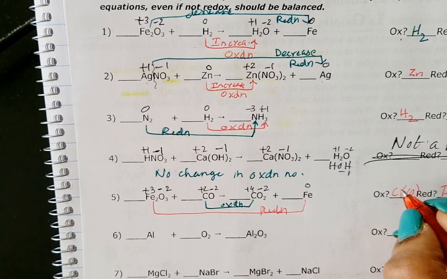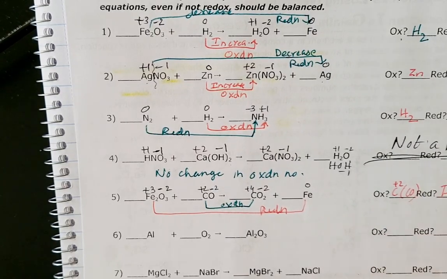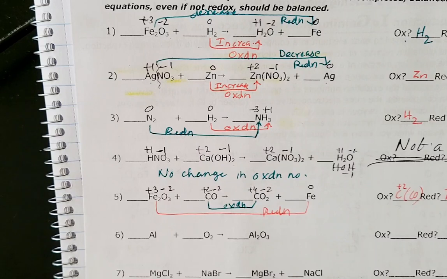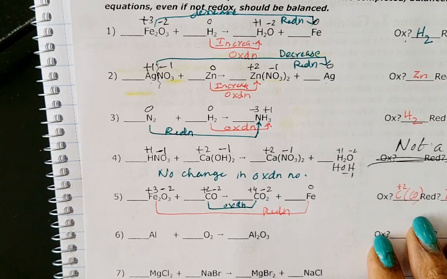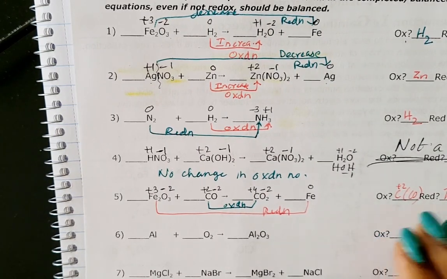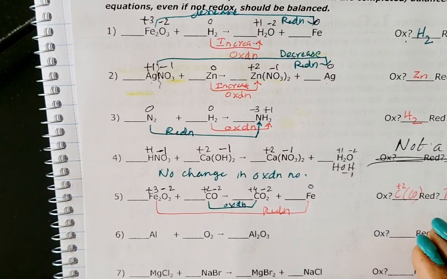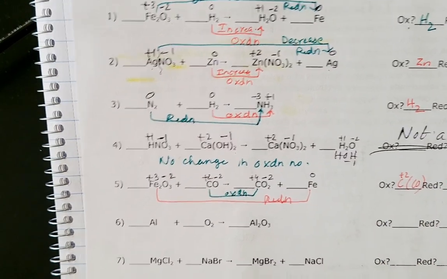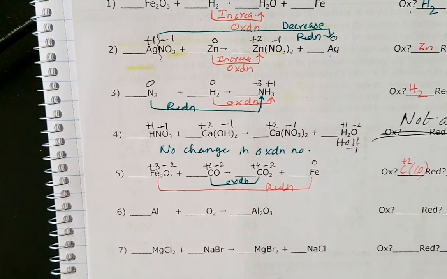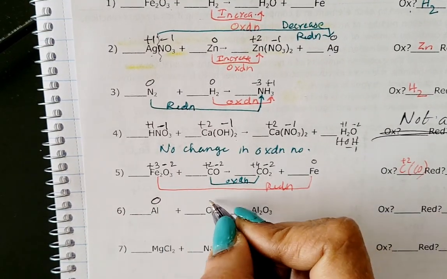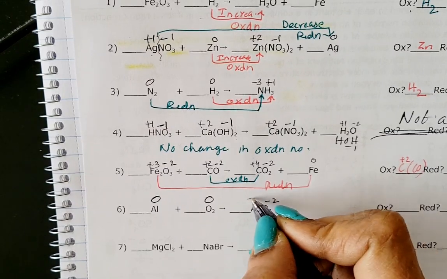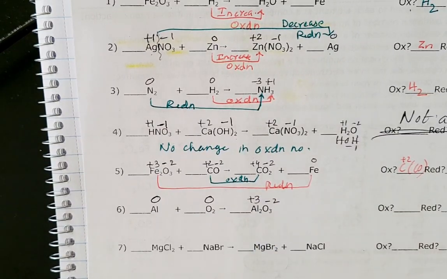Okay, the question will be asking like this. Which element undergoes reduction? Which element undergoes oxidation? So you have to write only the element name, okay? Next one, Al2O3. 0, 0, and oxygen is minus 2, and this will be plus 3.